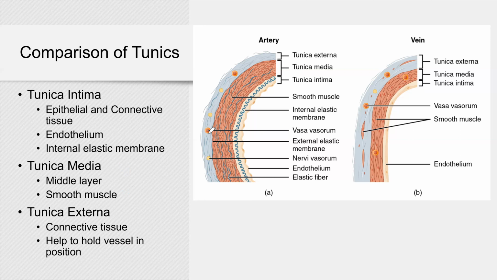And here's our vasa vasorum. So that's a blood vessel, right? And nervi vasorum, the plexus of nerves within tunica externa. Vasa vasorum bring blood, oxygen, nutrients, and remove waste products to the smooth muscles over there.